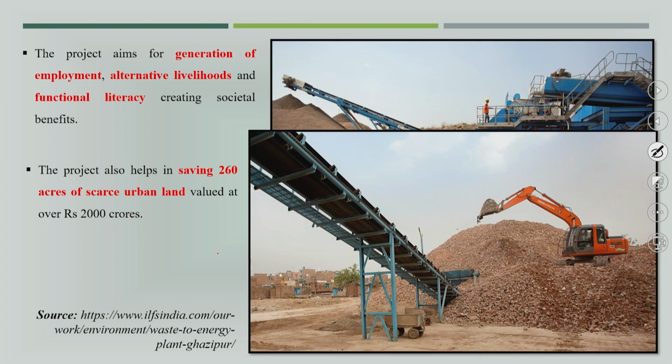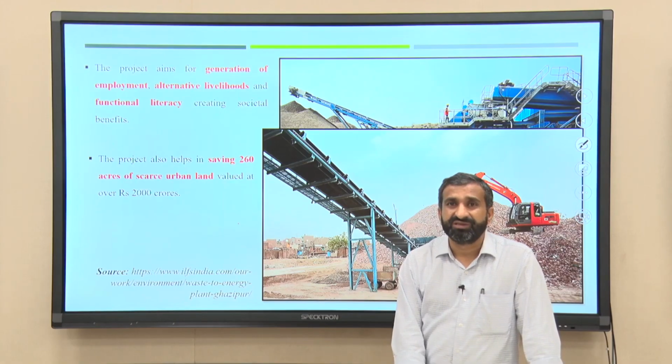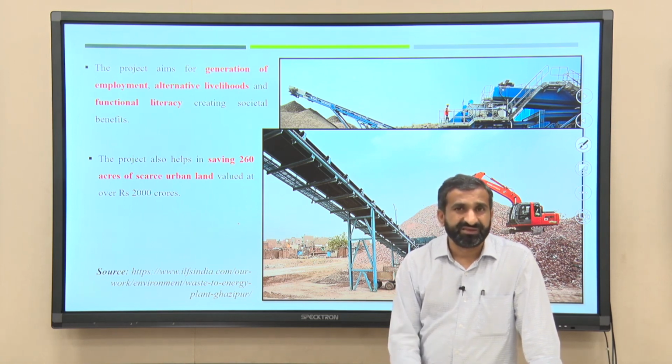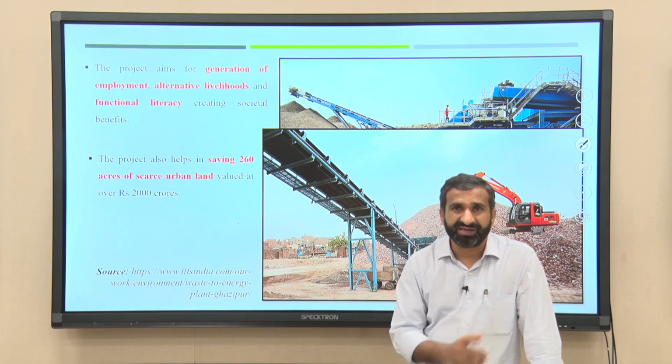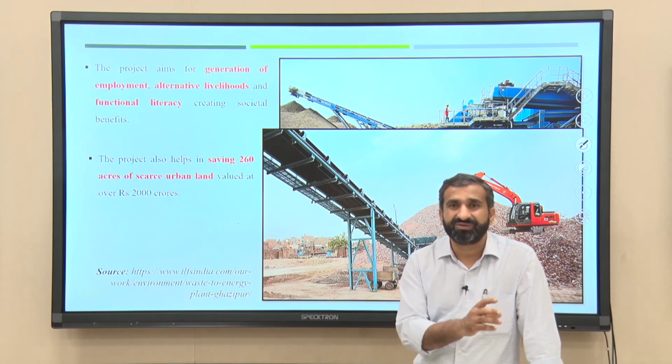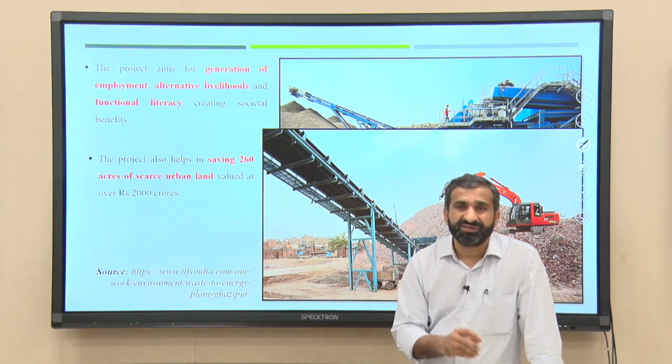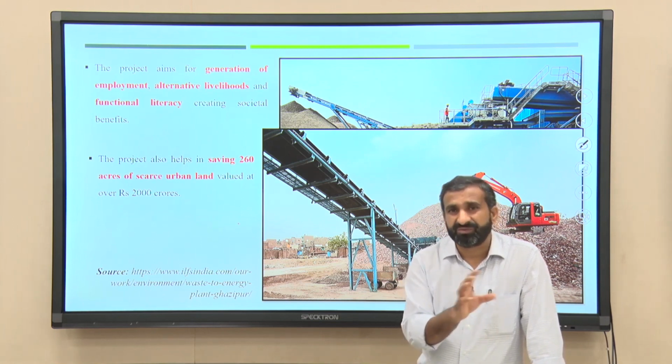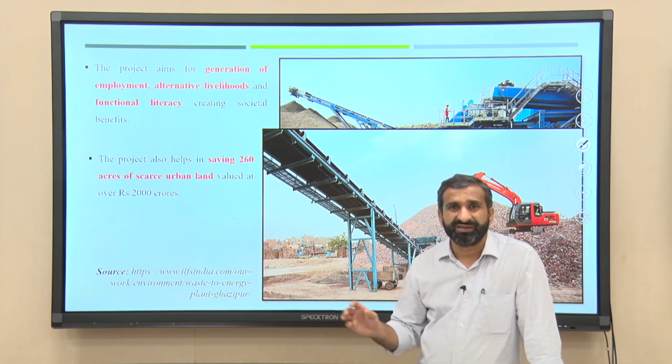So obviously, I personally believe that the incineration process is one of the very important processes to treat solid waste, because it will reduce 90 to 95% of volume. In the last lectures, when we talked about characteristics, weight and volume, this volume is very important, because most of the waste is going to the landfill area.